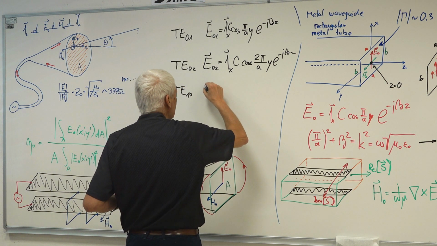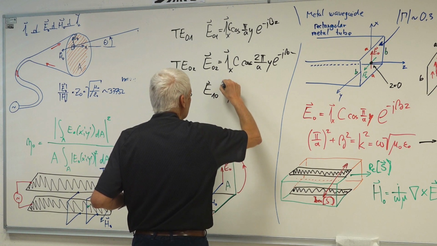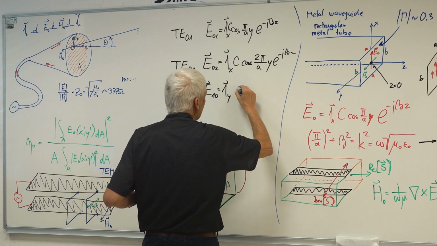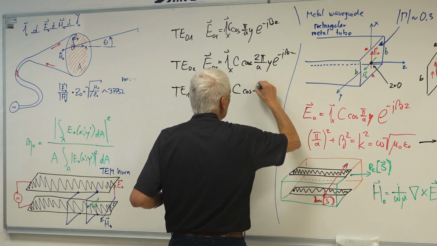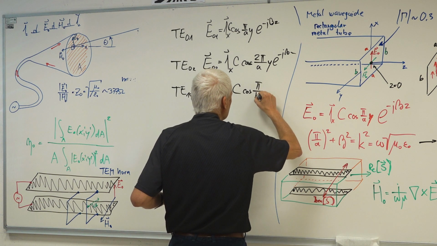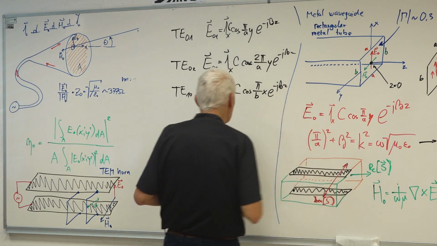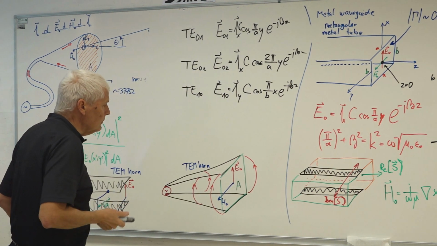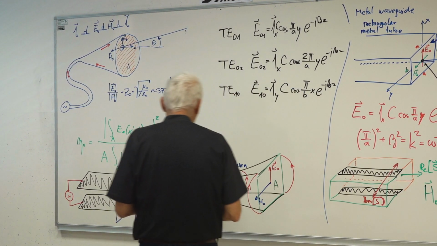This will have the electric field in the direction 1y. Again a constant, again cosine, but now pi over b x e to the minus j beta z. We have higher modes in the waveguide. Let me draw the fields of these modes.